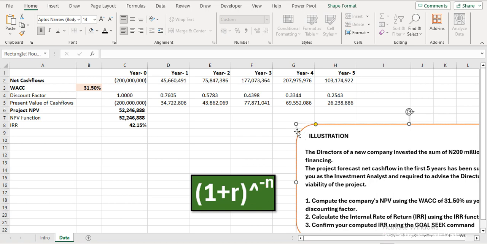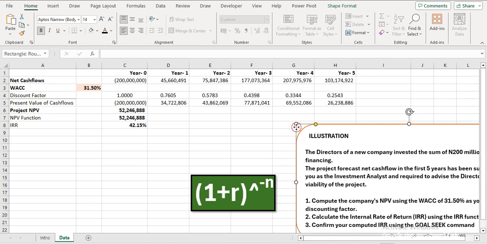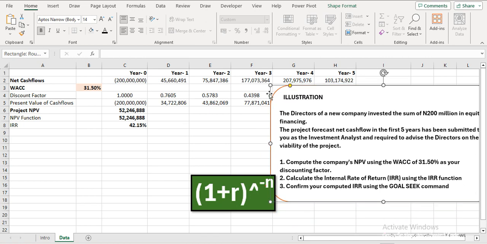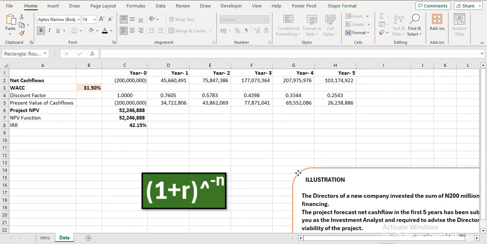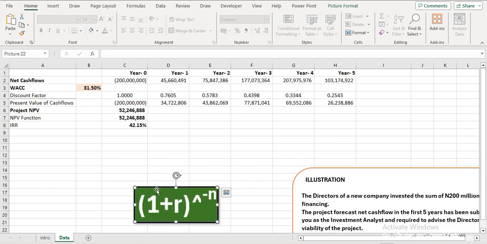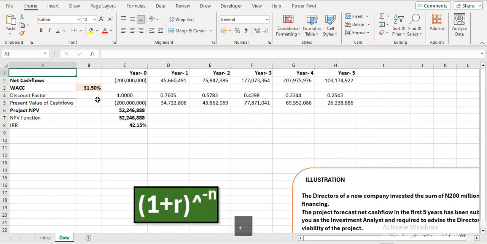But there's a third part of this question saying confirm. Let me move this a little bit up. Yeah, it's saying confirm the computed internal rate of return using the Goal Seek command. Which means if I'm using Excel, I don't have to really do all this. I can go straight to my internal rate of return by using the Goal Seek command.